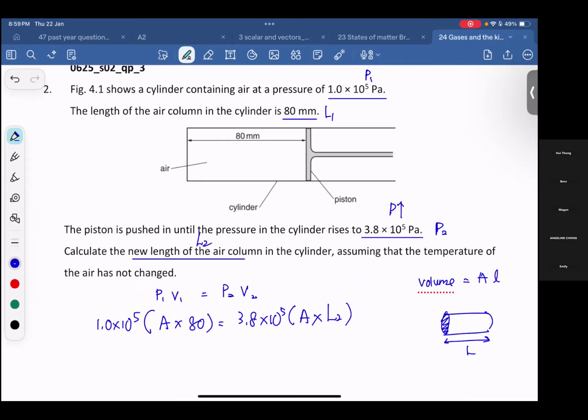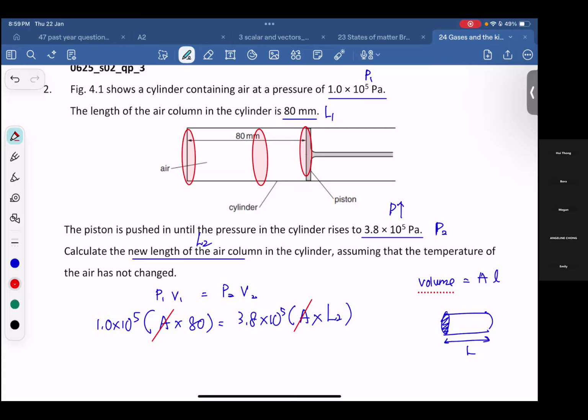Teacher, I got the unknown A. What should we do? Hey dear, from the starting here to the ending here, at any point, the volume is the same. You see? This part, the volume is the same. So here, area and area, we can cancel out. Is that clear?